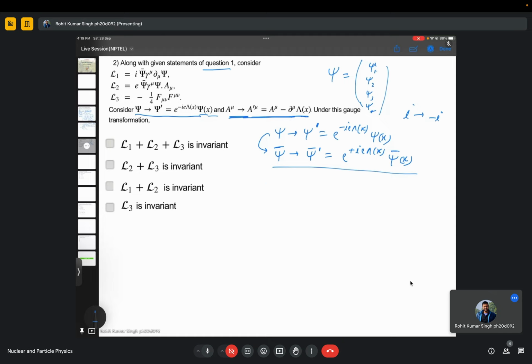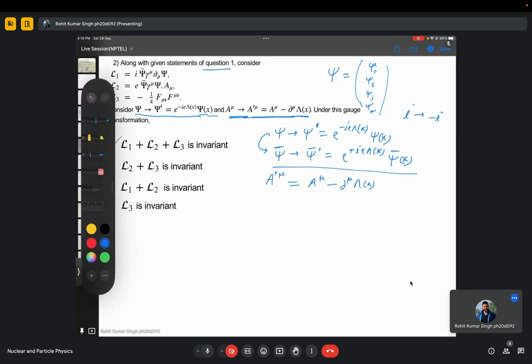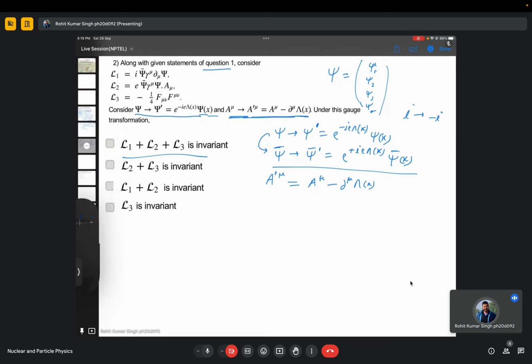And we again have this gauge transformation of the potential like this. Okay, so this is given, and we have to find out what happened to these Lagrangians. So let's first check the first option.